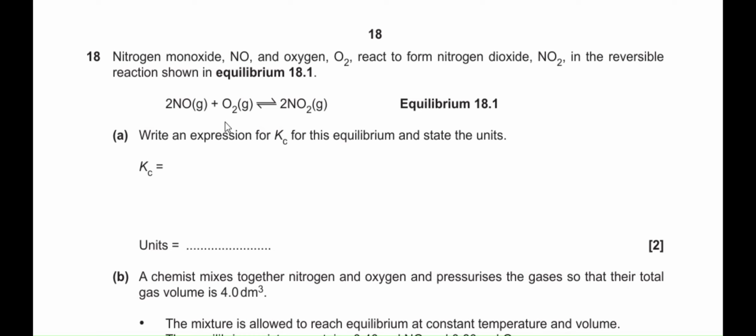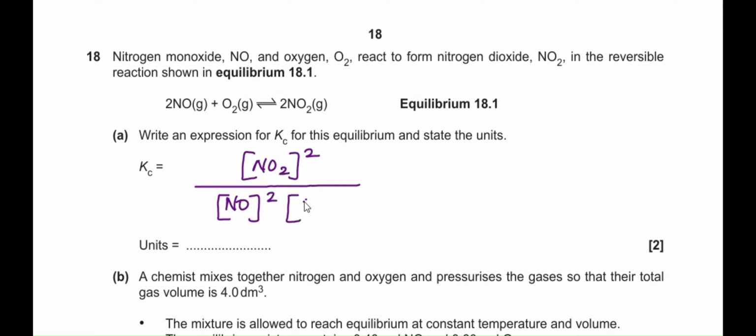The expression for Kc for this reaction is concentration of NO2 to the power of 2 in the numerator divided by concentration of NO to the power of 2 times concentration of O2 to the power of 1 in the denominator. To derive the units for Kc, let us write the units in the numerator and denominator.